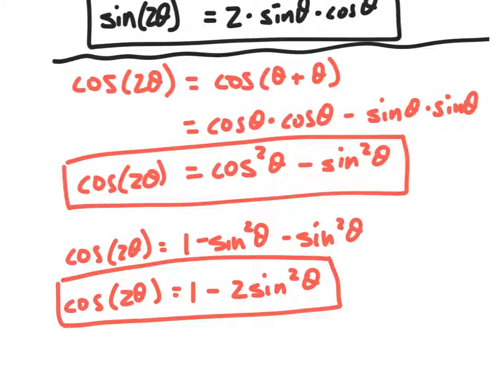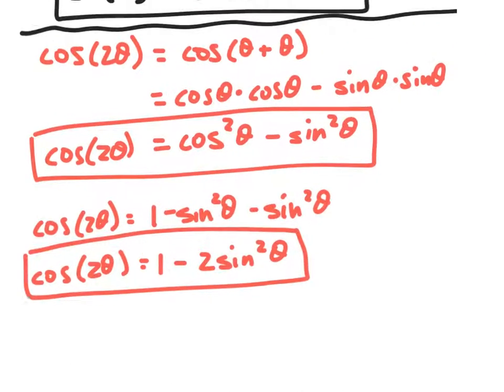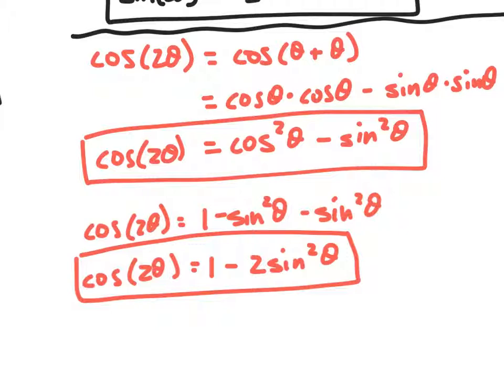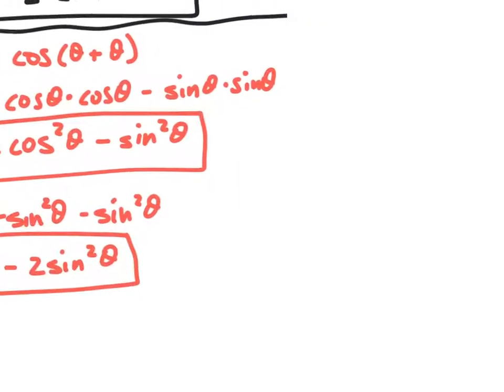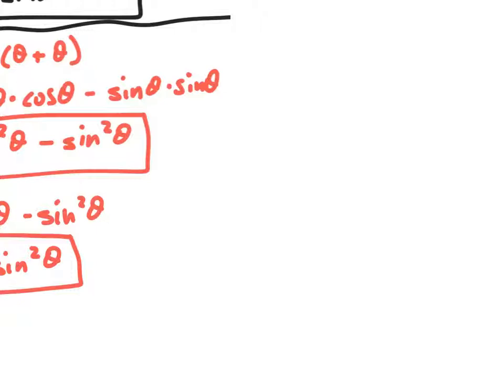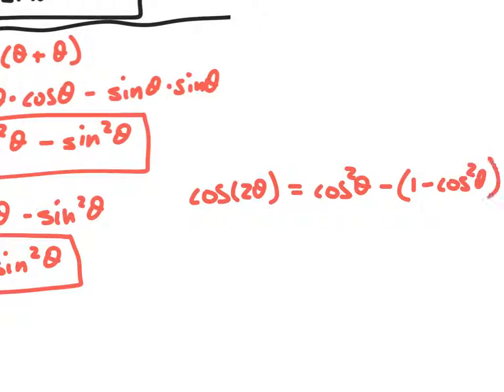Another way I could write it is to replace sine squared theta with 1 minus cosine squared theta. So cosine of 2 theta is equal to cosine squared theta minus the quantity 1 minus cosine squared theta.